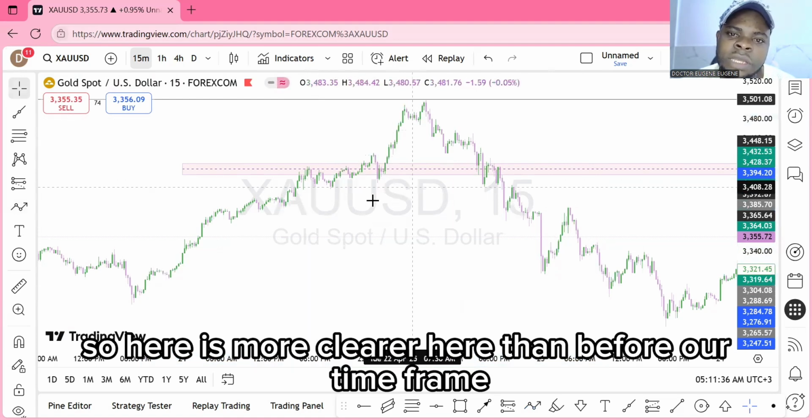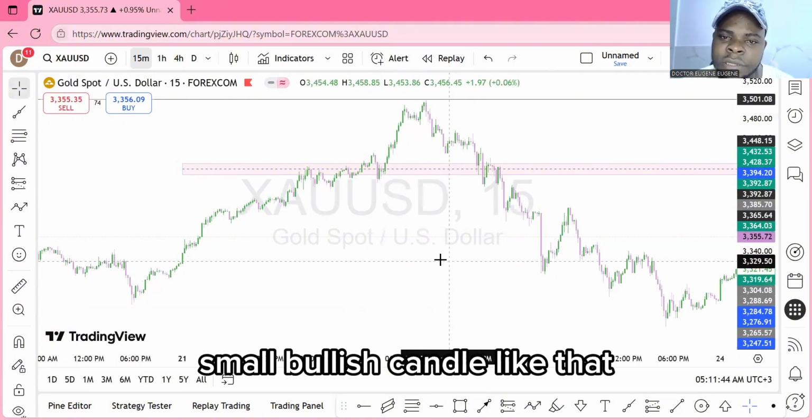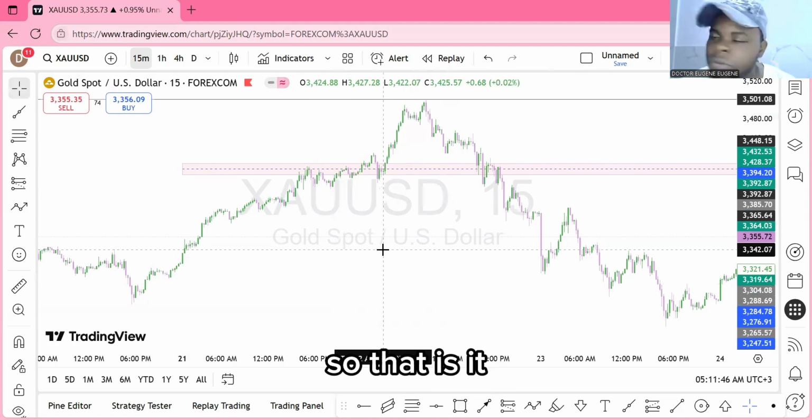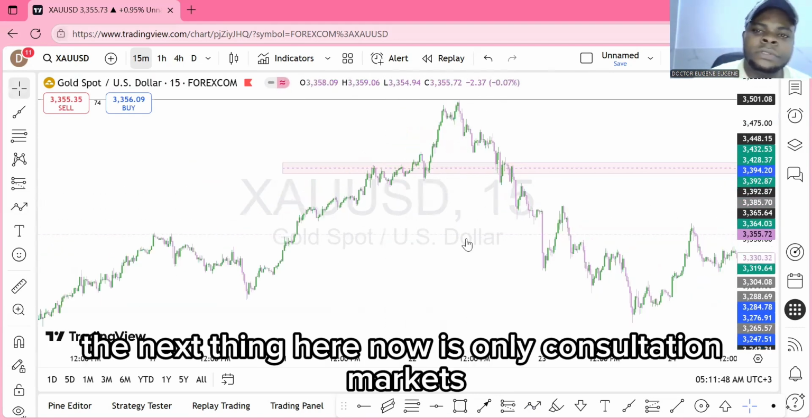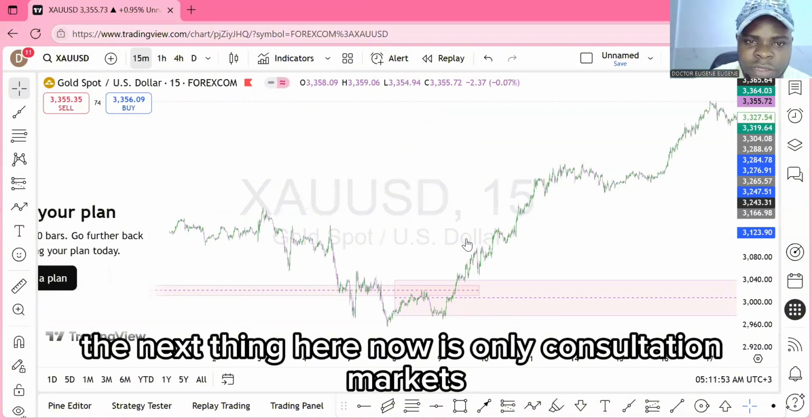So here is clearer than the 4-hour time frame. The 4-hour time frame was just a small bullish candle like that. So that is it.